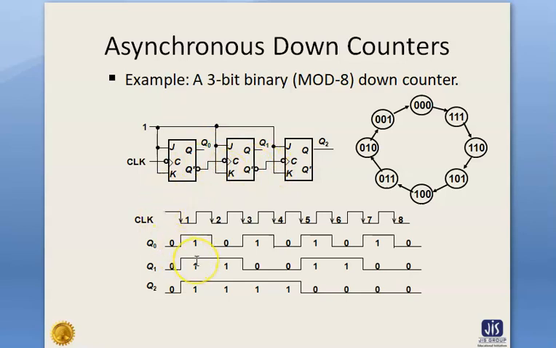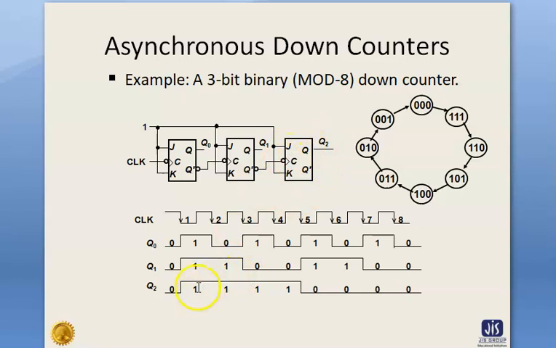So again when we apply another clock pulse to the first flip-flop, it will again change its regular output, and at the same time the complementary output changes, which will change the output of the second flip-flop, and so on. So by this timing diagram we can see that starting from 111, Q2 is actually the MS bit.